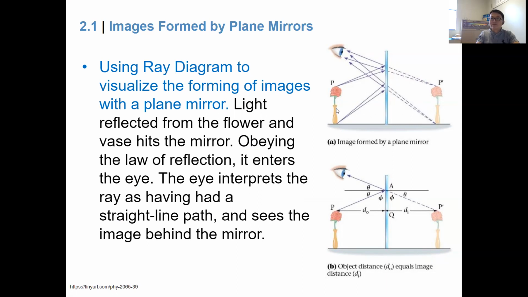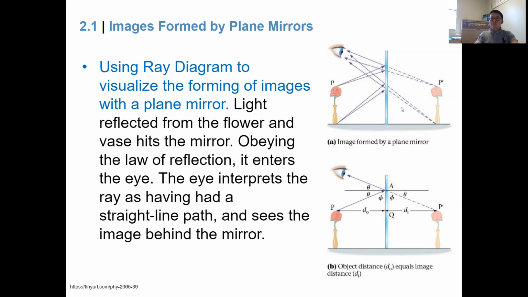So typically you'll just pick a point at the bottom of the object, and then pick a point on the top of it. For each point you draw two rays out of that point at slightly different angles and hit the mirror. You get reflected rays and then back extend them to find the image.